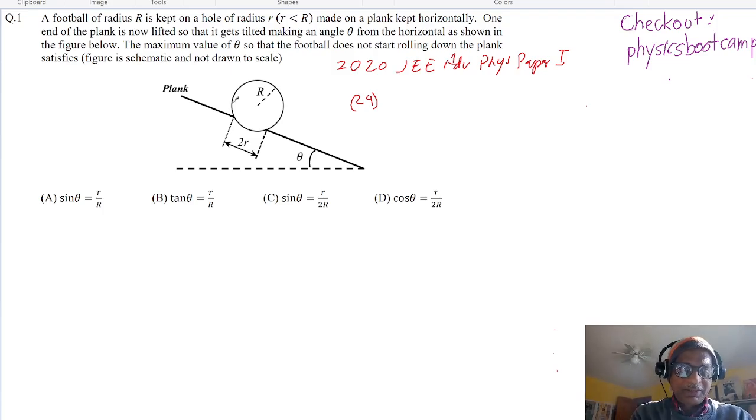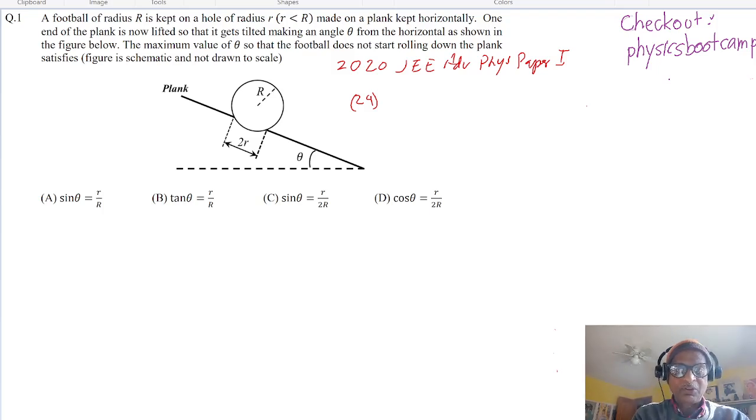So you have a ball and the plank has a kind of little hole. The ball kind of fits in there, and the size of the hole is like a 2r diameter, and the radius of the ball is capital R. You can see over here it says stable.